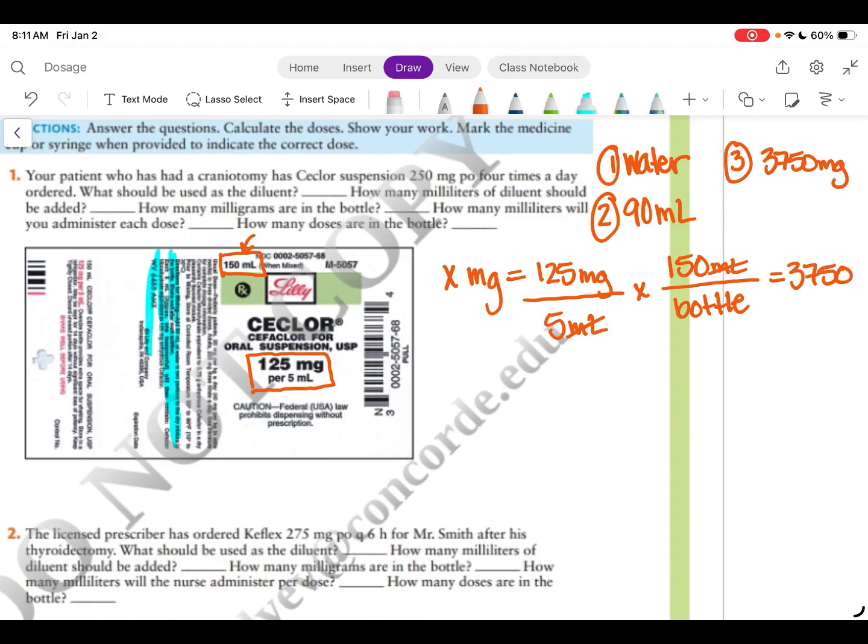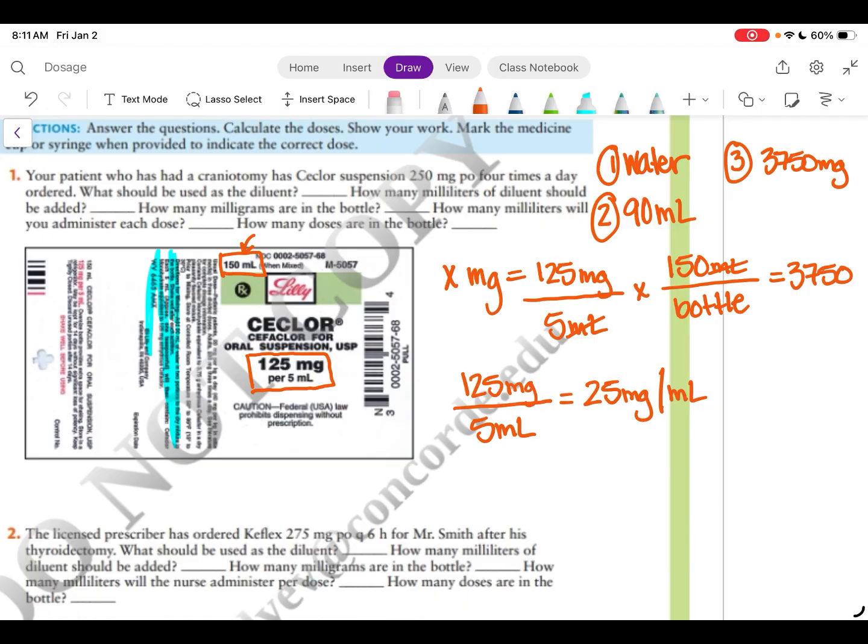Now there is one other way that you could do it. So you know that 125 milligrams is for every 5 milliliters, right? So if you divide 125 by 5, you get 25, and that's milligrams per milliliter, right?